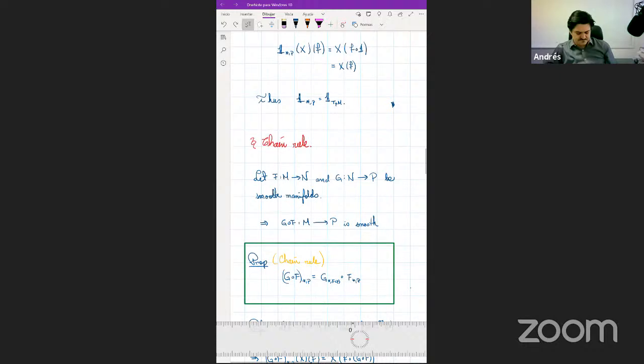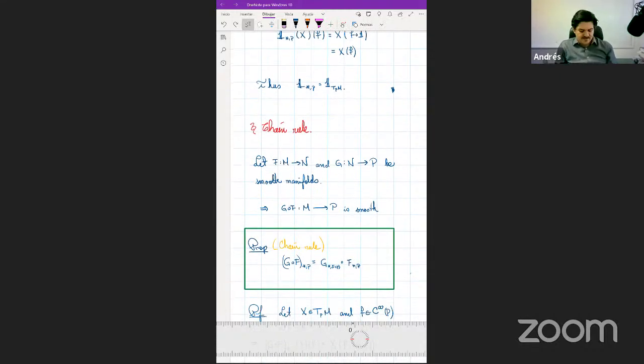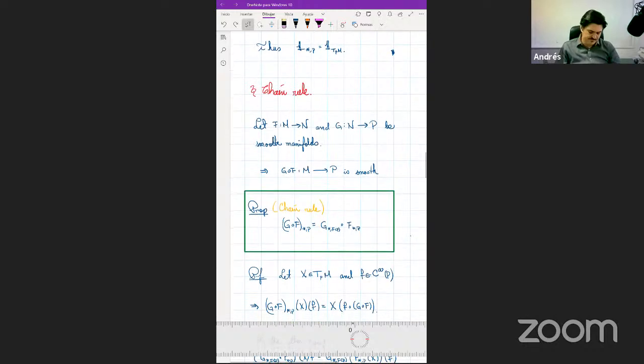So, right, I'm going to take a derivation at M, and when I apply this, I get a derivation on P. That's why I'm taking F to be a smooth function on P. So the first thing is just the definition of the differential. I have the vector and this.